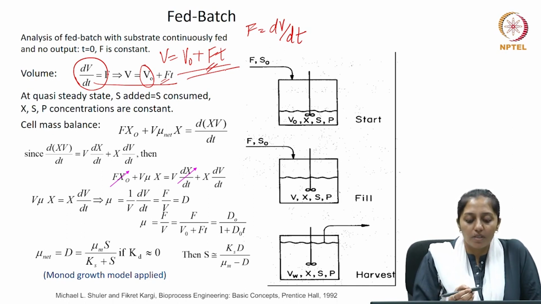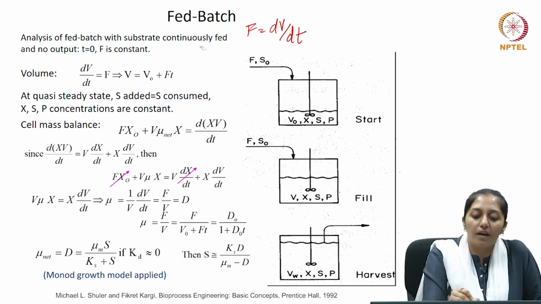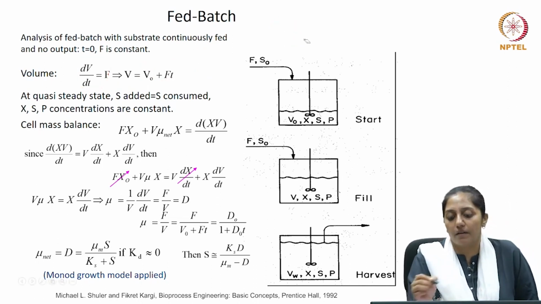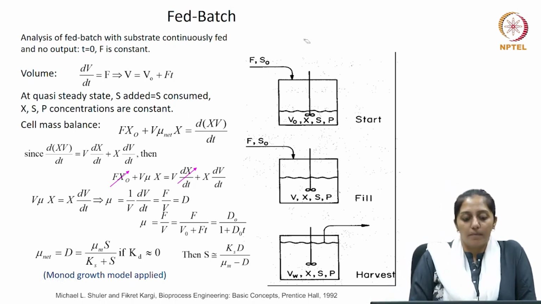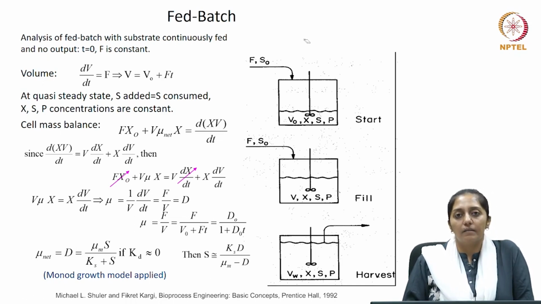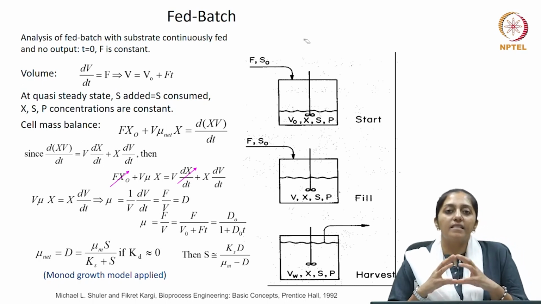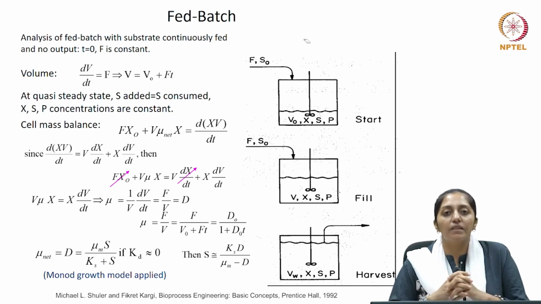Now, in a fed batch process, for simplicity of solving and designing the process, we will assume that the system is trying to achieve quasi steady state and is running at a quasi steady state. Now, what does this mean? Quasi steady state would mean that steady state in general means that the variables are no more changing with time.